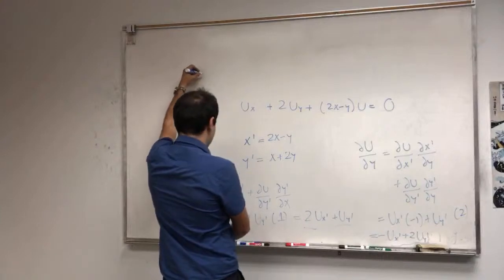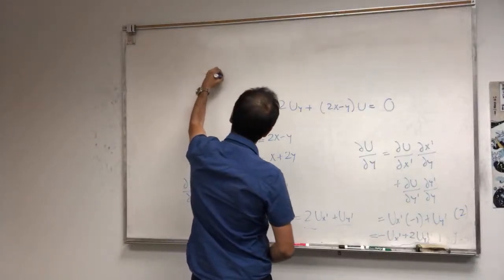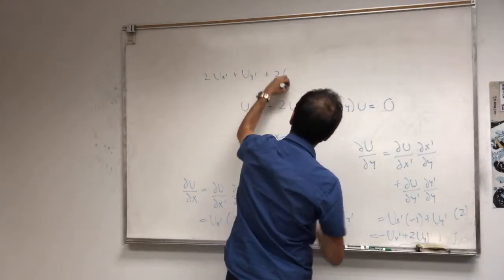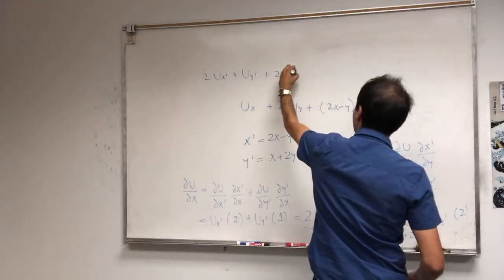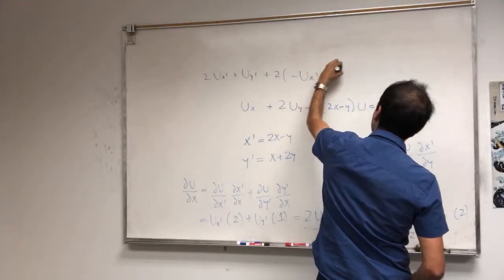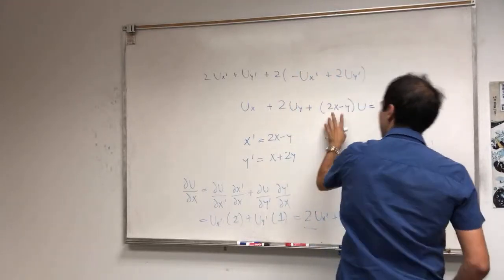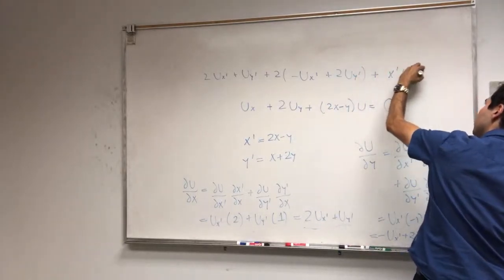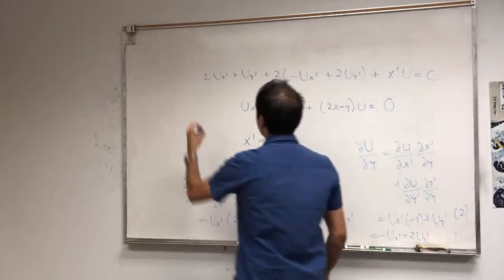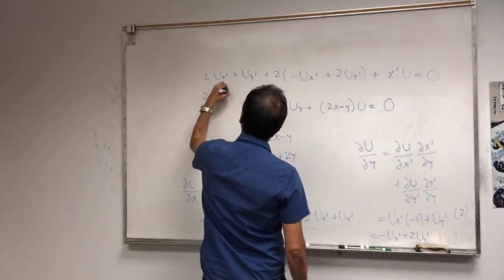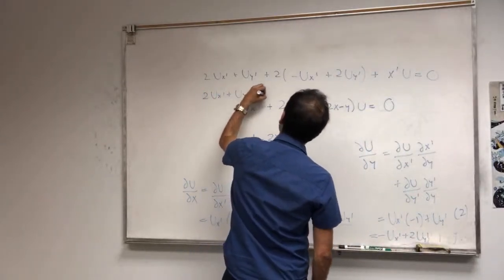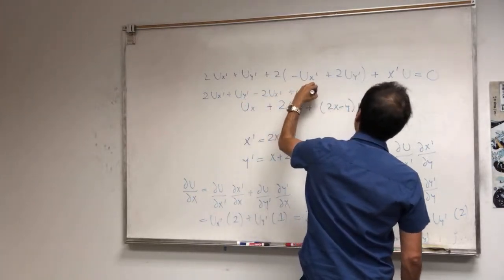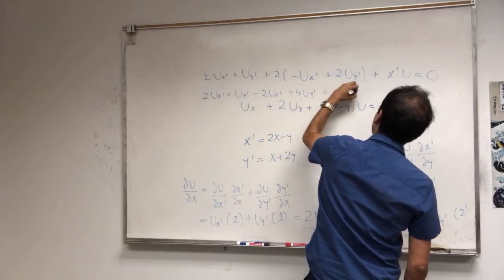So u_x becomes 2u_x prime plus u_y prime, plus 2 times u_y, which becomes minus u_x prime plus 2u_y prime, plus x prime u equals 0. So 2u_x prime plus u_y prime minus 2u_x prime plus 4u_y prime plus x prime u equals 0.